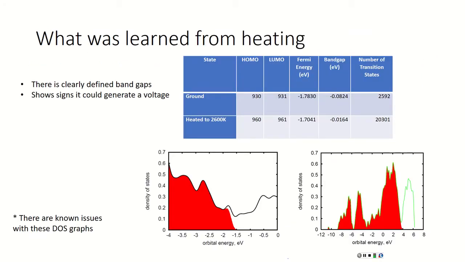What was learned from heating? We did see a change from the ground state to the heated state. Oh, you can't quite see it, but we do get more clearly defined band gaps, which indicate the system is more than likely doing what we need it to do and actually developing a differential charge in the heated state.